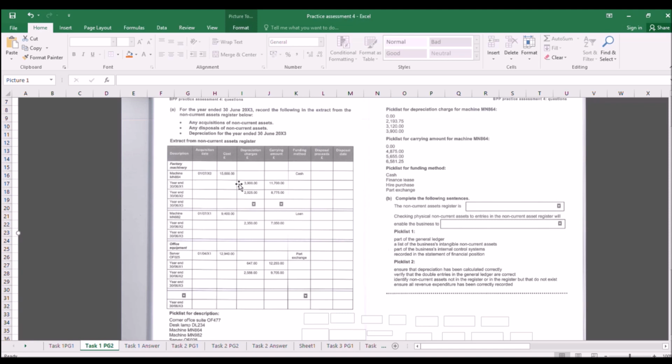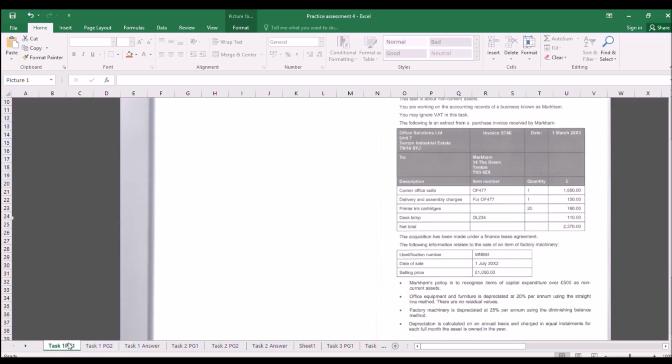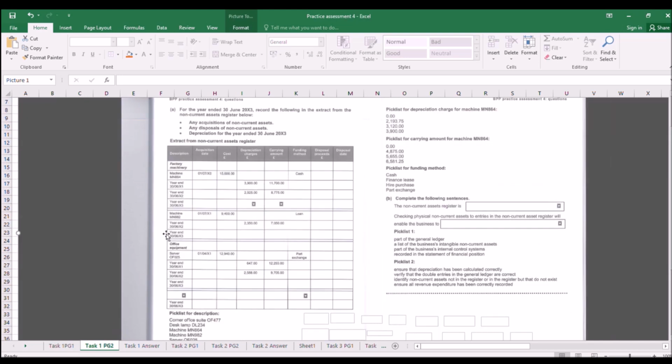So we've got this factory machinery here, which I think if we went back here, we disposed one of them. Which one did we dispose of? MN864. Right, so we disposed this one here. Okay, so we've got disposal there.